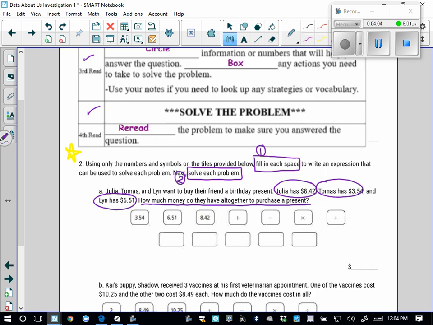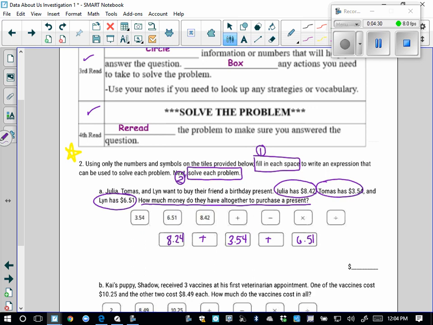So I'm going to first fill in each space, step 1. So I'm going to take Julia's money, $8.24, and I'm going to add that to Thomas's money, $3.54, and I'm going to add that to Lynn's money, $6.51.